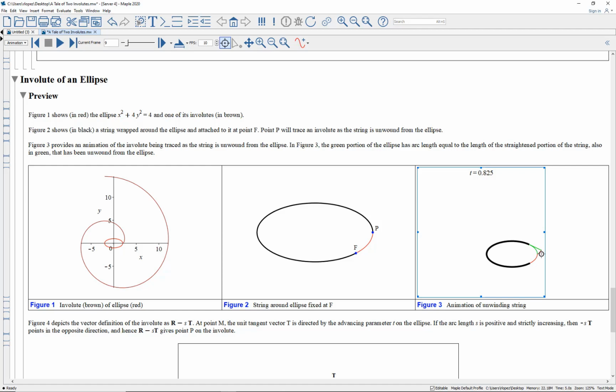You can see here at the bottom the piece of this curve, the involute, being traced. So I'll do this frame by frame so you can see that happen slowly. You're pulling on the string, it's taut, the string leaves the ellipse tangentially because of the tautness.